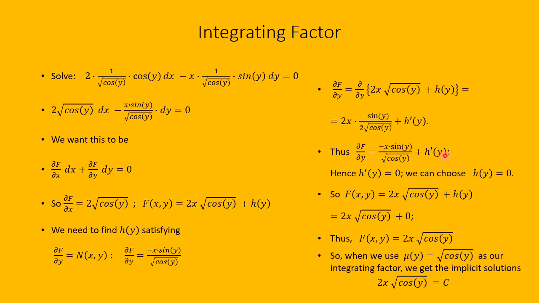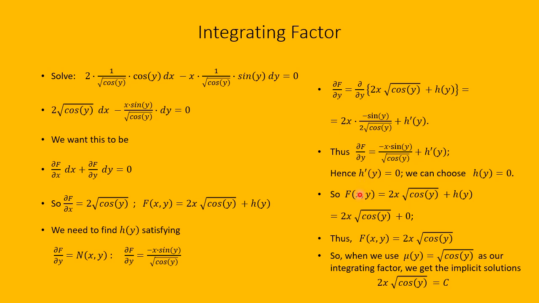Okay, but we already know that the partial of f with respect to y must equal this. And so the only way that the partial derivative of f with respect to y can equal this, and also all of this, is if this h prime of y is 0. And so we can choose h of y to be 0 to satisfy this.